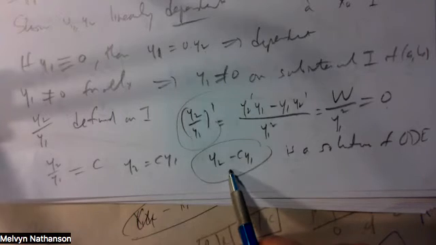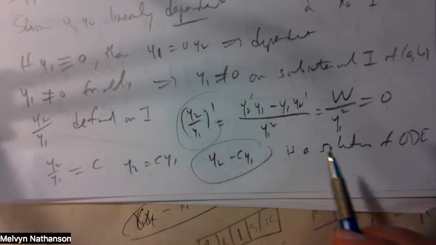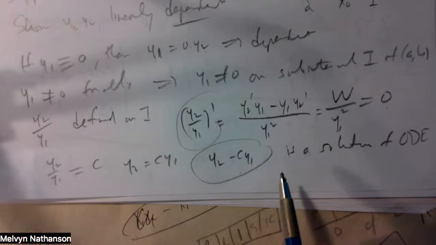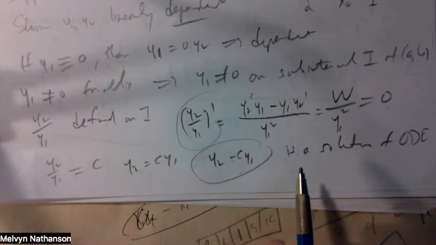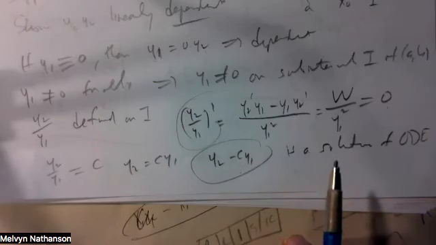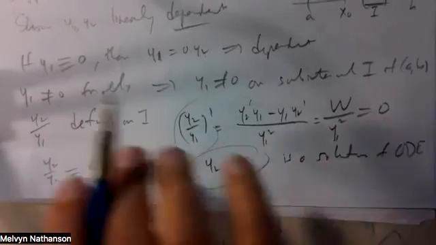And it's identically 0 on a subinterval. That means it's identically 0 everywhere. So if the Wronskian is 0 at a single point, then your pair of functions is linearly dependent.